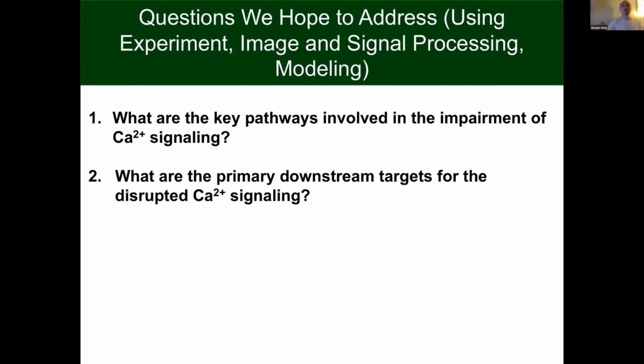We have the NIH funding with him, in collaboration with him. We do image and signal processing and modeling to answer two questions. What are the key pathways involved in the impairment of calcium signaling? And what are the primary downstream targets for the disrupted calcium signaling? So those are the two questions that we are after.